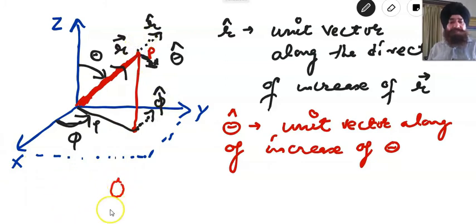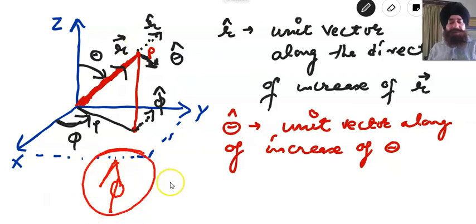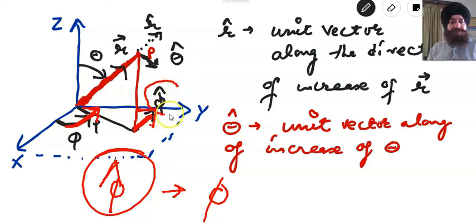Phi cap is a unit vector along the direction of increasing phi. So phi is increasing like this, and the direction of phi cap will be along this direction. So this is phi cap, exactly parallel to this line.